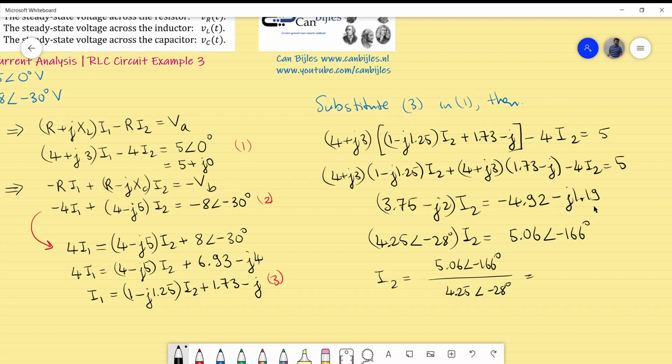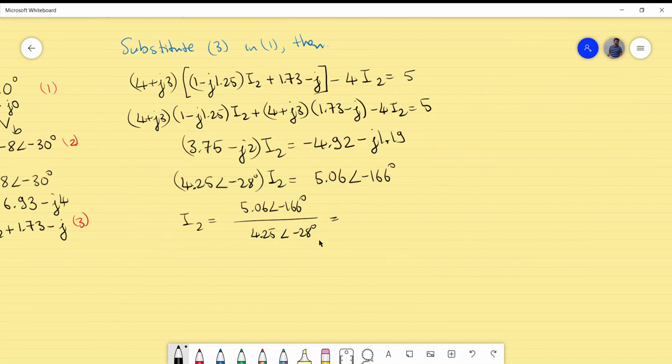Now what do you do next? You divide the magnitudes. So 5.06 divided by 4.25, that will be the magnitude. So that's actually 1.19, and the associated phase is minus 166 degrees, and because you divide, you do minus minus 28 degrees, which will be plus 28 degrees, and this will result in minus 138 degrees, and it will be in amperes.